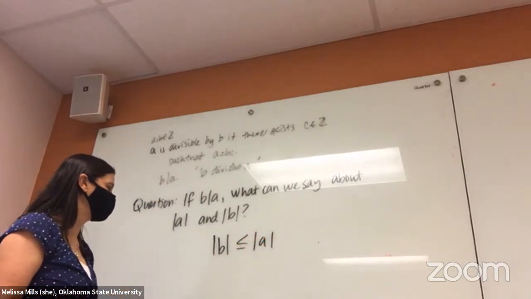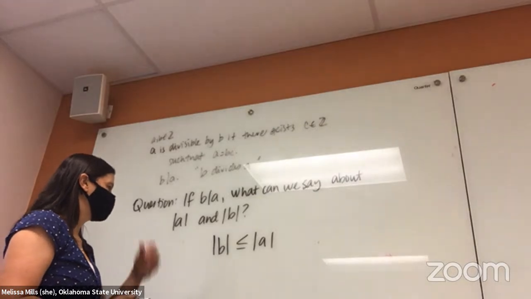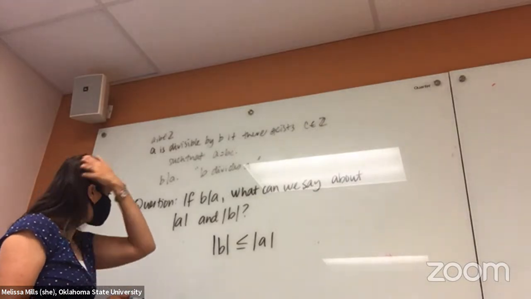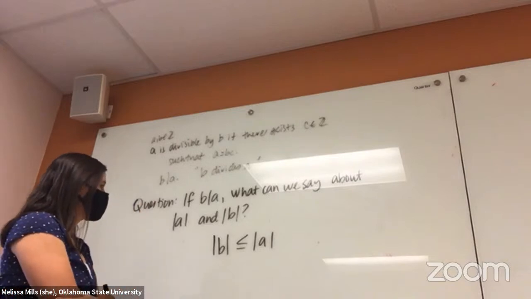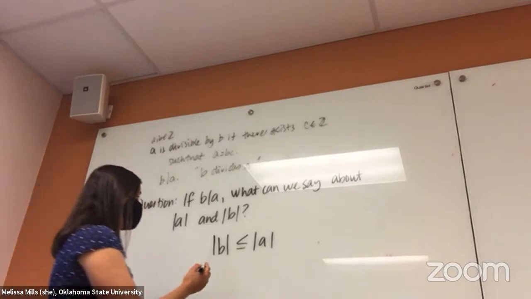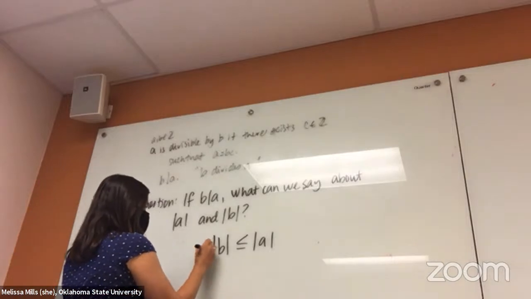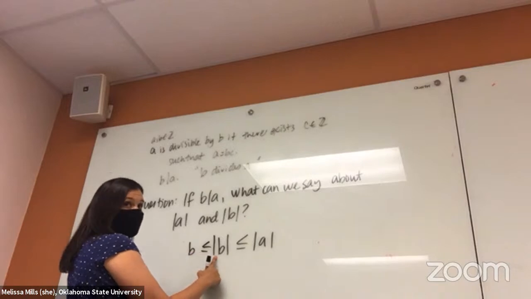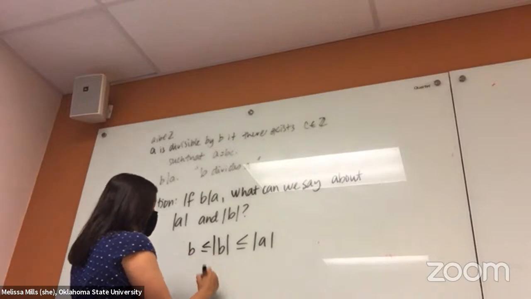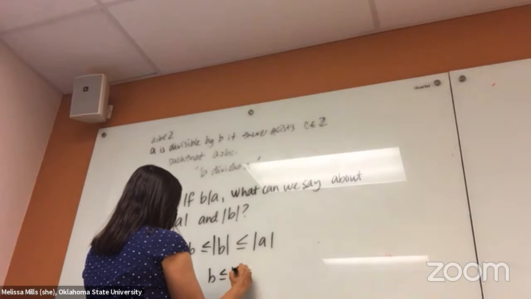How can we prove that? And we could even go further because we know that B is less than or equal to the absolute value of B, right? So we could even say B is less than or equal to the absolute value of A.